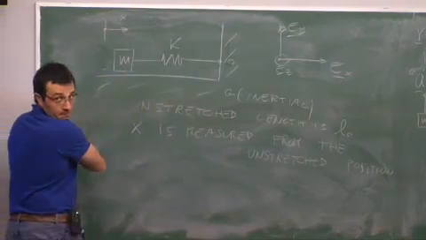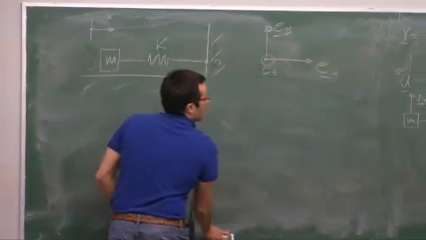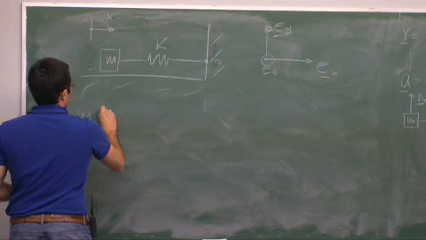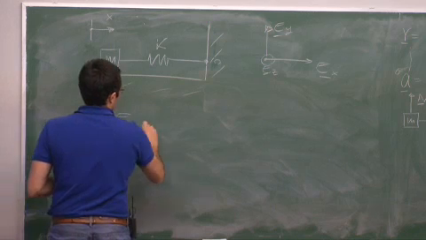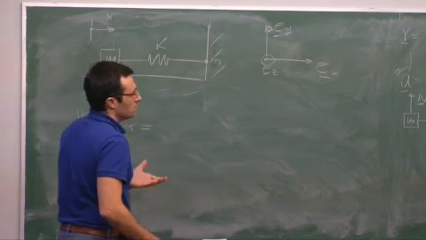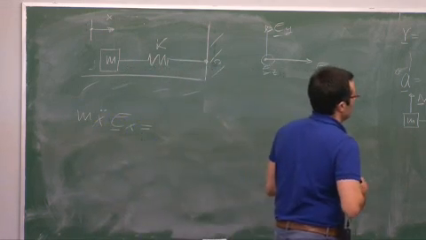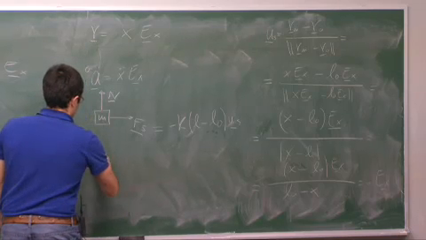And I'm almost done. I equate MA, so MX double dot EX, to, well, I'm going ahead of myself. That was only US, right? Okay, L0 is given. What is L?